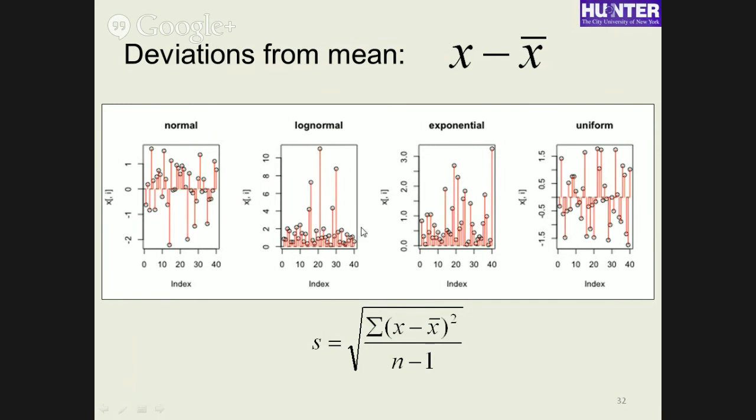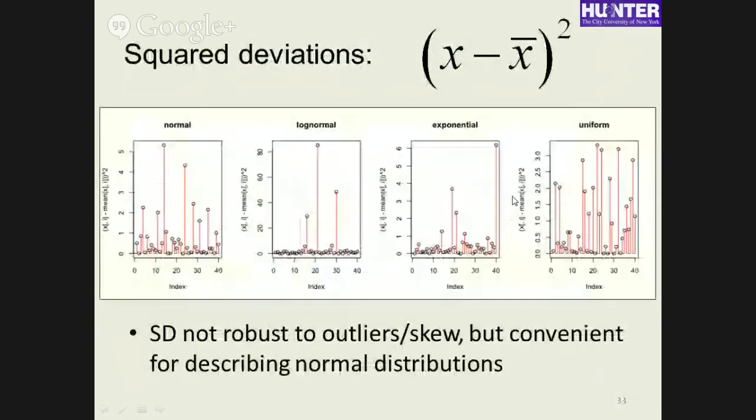For these distributions, suffice to say these happen to be skewed distributions because you have a lot with very little deviation and then a few with a large deviation. And then when you square them, you see that those differences actually become much larger. The first thing you notice is that they're all positive because it's squared. Before there were some that went up and some that went down.